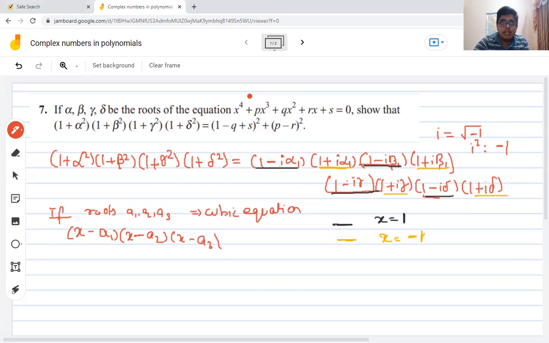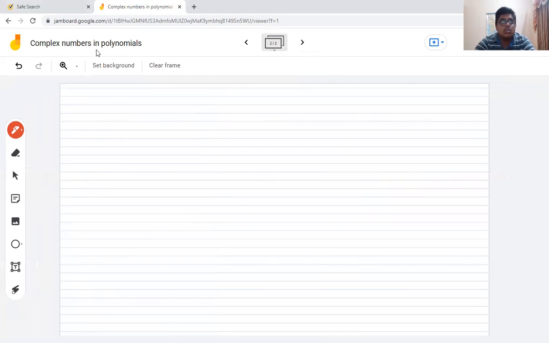So rather than considering this equation which they've given, which has roots alpha, beta, gamma, and delta, can we in some way get the equation which has roots i alpha, i beta, i gamma, and i delta? That's how we can think right now.